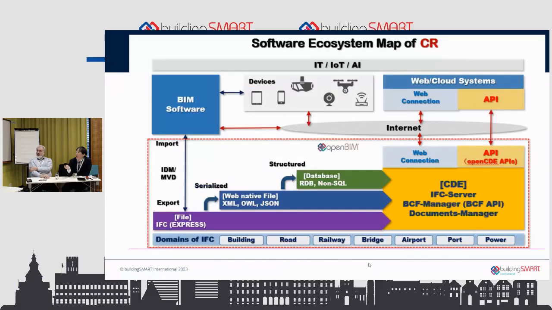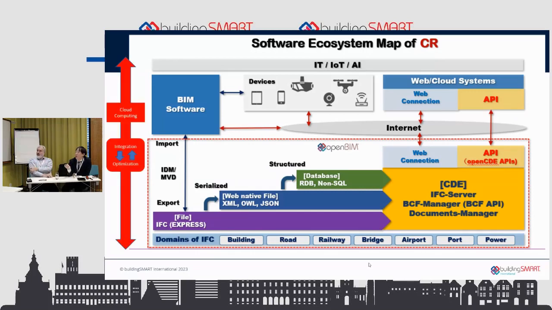So that's another solution. This chart is what we in the construction domain have shown for several years, and I want to add this one. Firstly, IFC started from buildings, and now there are many domains like power, and IFC has many file formats like this. Now the CDE can connect all those data to the web, and then to other cloud systems.